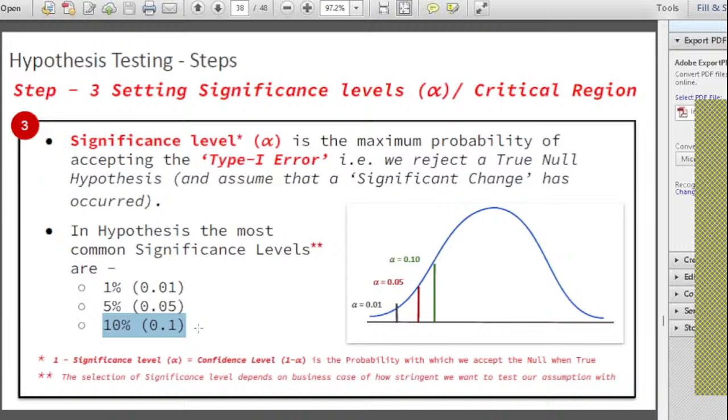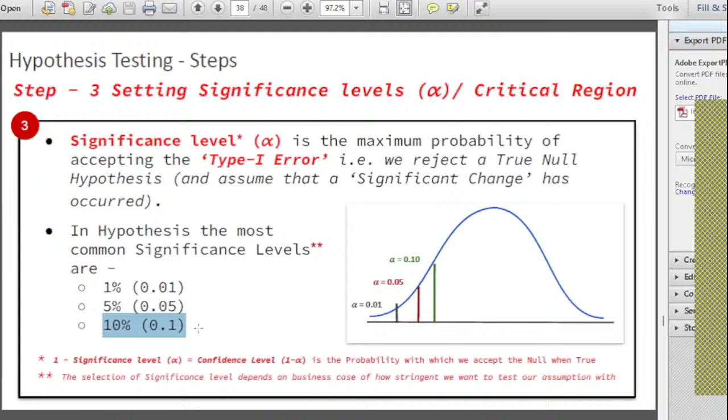Okay. Now tell me, alpha is the maximum probability of making a type 1 error, or the maximum probability of accepting a type 1 error.